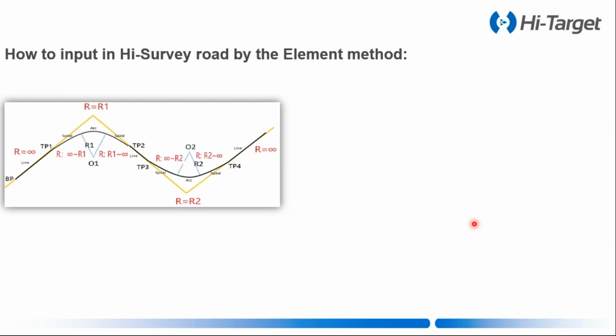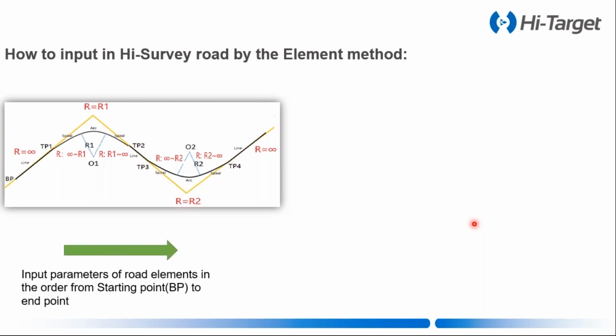Okay, let's see how to input the parameters. There is also a demo road for the element method. You can see this is the starting point, and we just input the parameters of the road elements in the order from starting point to the end point.